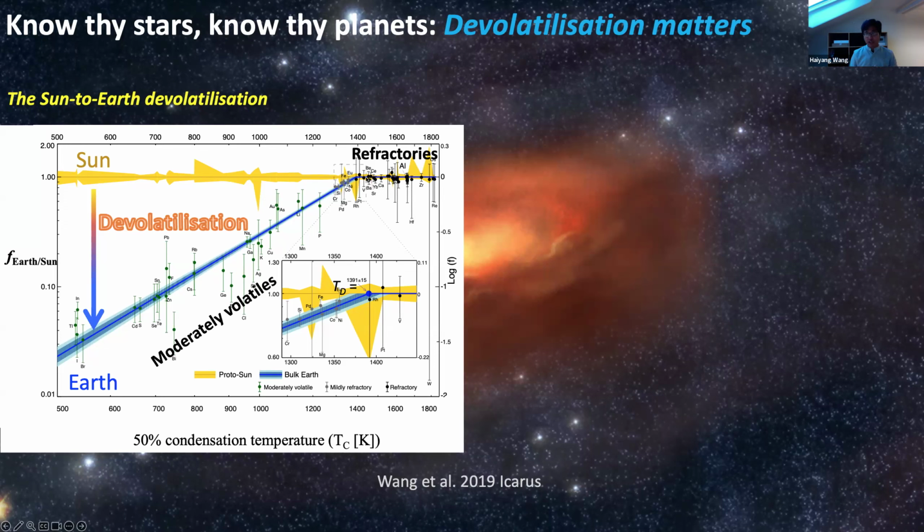In that sense, we can bring a lot of these refractory, rock-forming elements onto the unity line between the Sun and the Earth, while the moderately volatile elements show a systematic depletion. The difference between the two can be quantified to give the first-order trend of devolatilization.